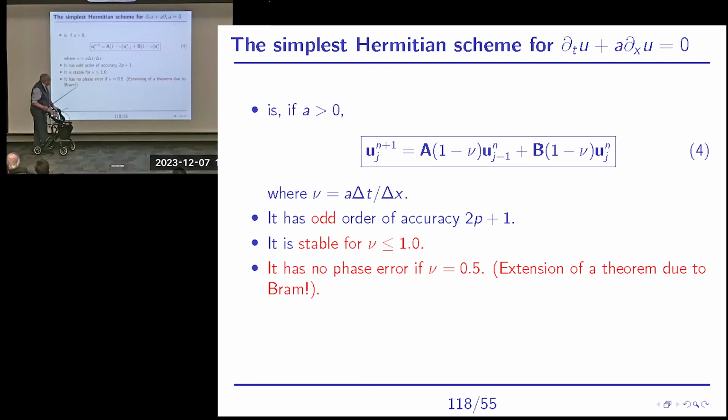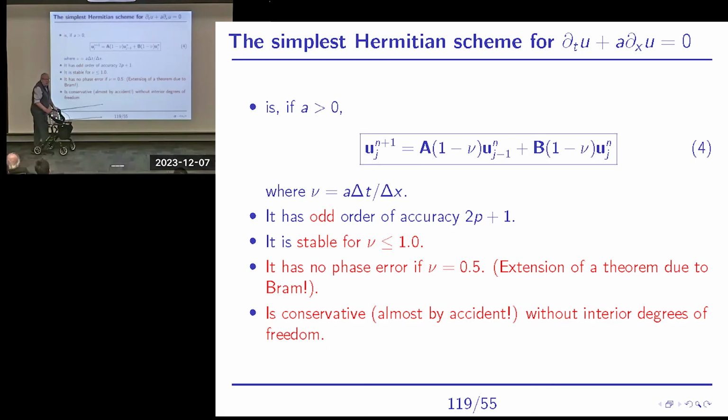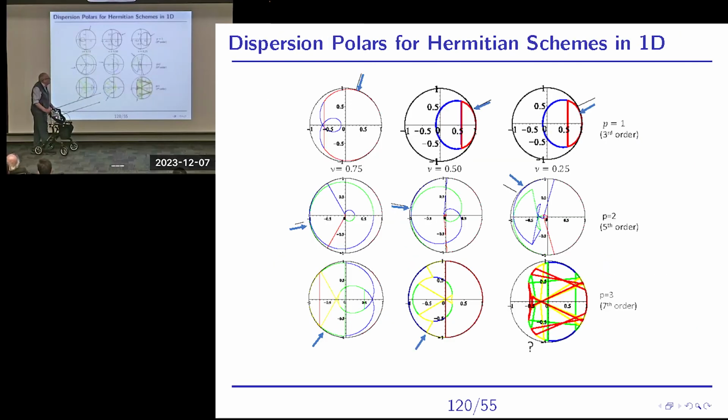Bringing Brownback in again, the phase error is 0 when the Courant number is 1/2. And the same symmetry property carries through to this situation. And it's conservative, even though it didn't look conservative, it's just interpolation. But it just so happens the errors cancel, and it is a conservative method.